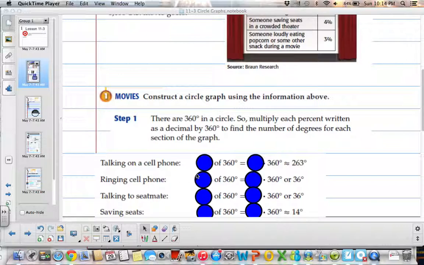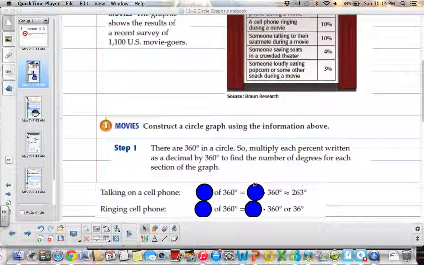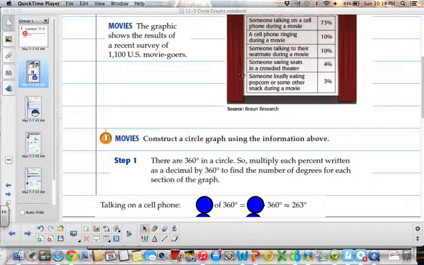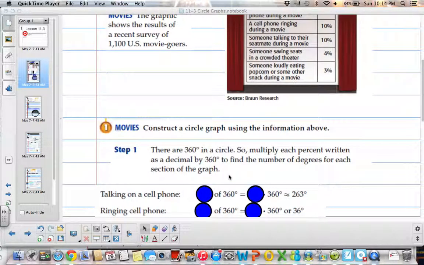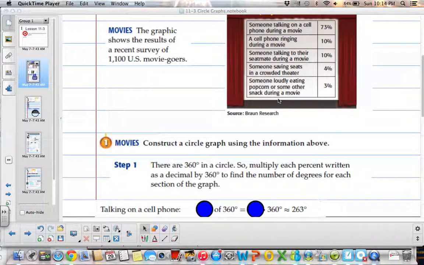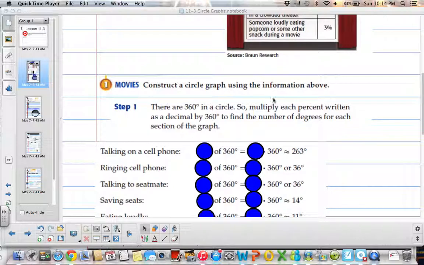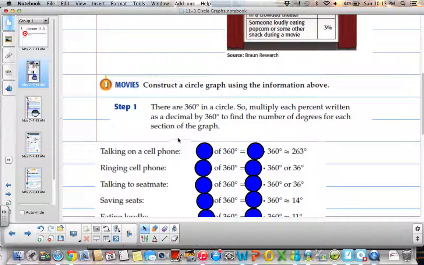So talking on a cell phone, remember 73% of people were talking on a cell phone. So that means that 73% of our circle that we're going to make is going to be someone talking on a cell phone during a movie. And because the circle is 360 degrees, we need to figure out what is 73% of 360.